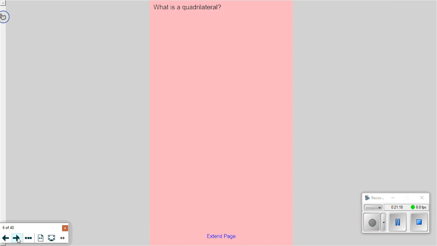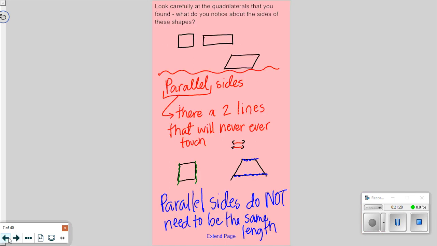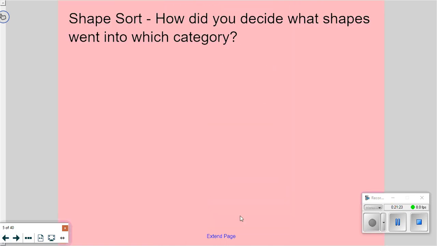Go ahead and move your pieces to the top of your desk. I want you to get out your math notebook. Let's talk about this question. We just did some sorting. How did you decide what shapes went into which category? It's not a trick question. How did you decide?